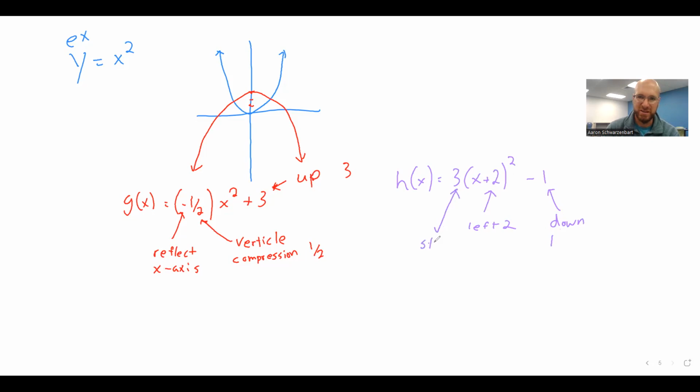So this one's going to look narrower because it's stretched vertically, and it's like it's taking each point and pulling it up, which makes it look narrower with parabolas. So here again, over 2, down 1. This point has to be here. It has to open up, and it's got to look narrow.